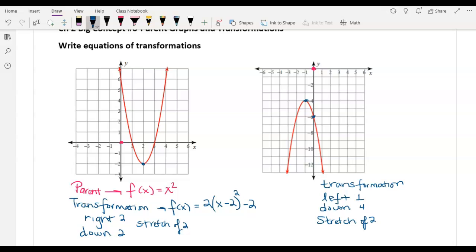All right, so that means that transformation gets us f of x equals 2 times quantity x plus 1, because we went left, squared, minus 4, because we went down 4.